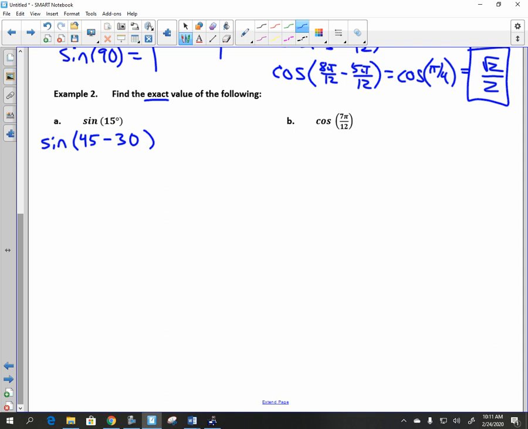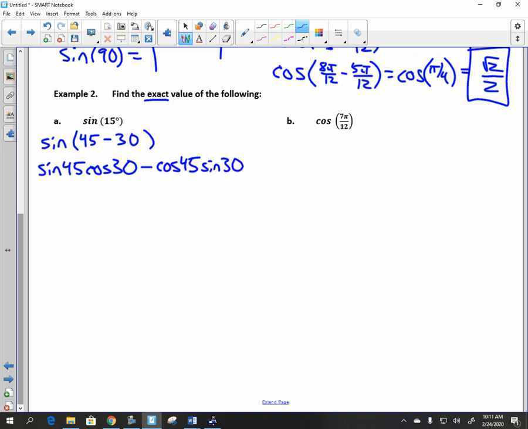So again, some people write sine of 45 minus the sine of 30, and that's entirely wrong. I'd give you hardly any points on the test for that. Instead, we write sine of 45 times cosine of 30 plus or minus cosine of 45 times sine of 30.